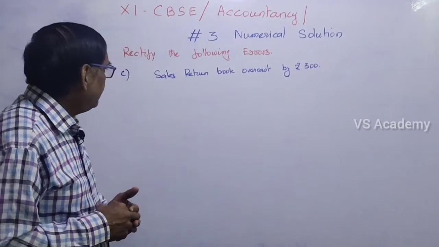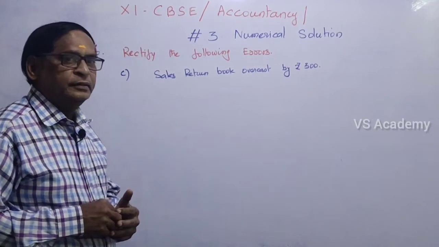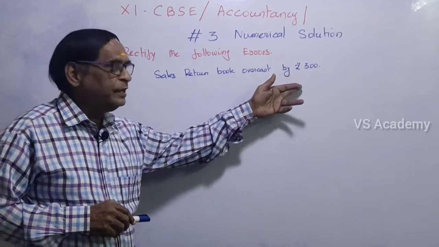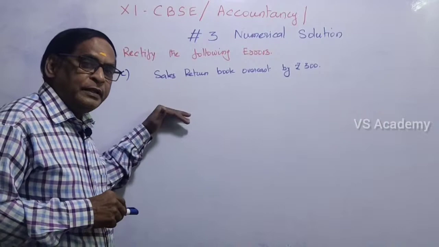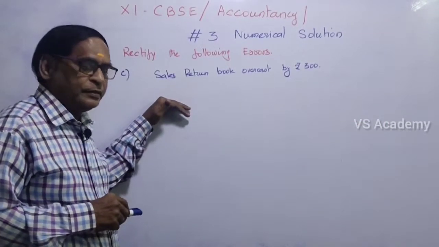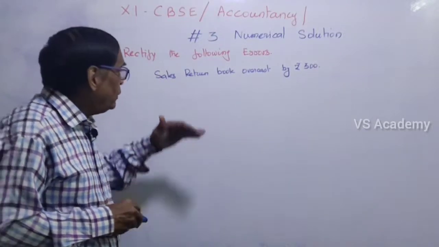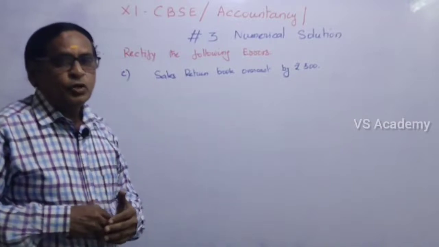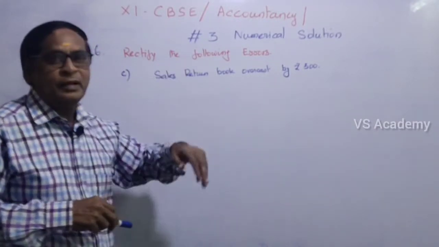The next one is sales return book overcast by rupees 300. That means we have shown excess amount of rupees 300 in the sales return account. Normally the sales return account must be debit. So we have to cancel the sales return account, so we should credit that amount to the extent of rupees 300. The mistake will be adjusted from the suspense account if it is after trial balance.